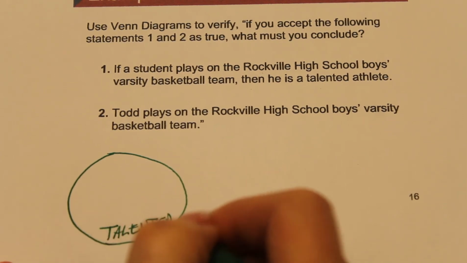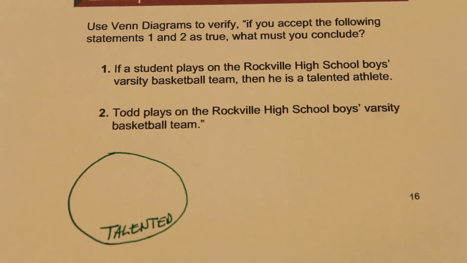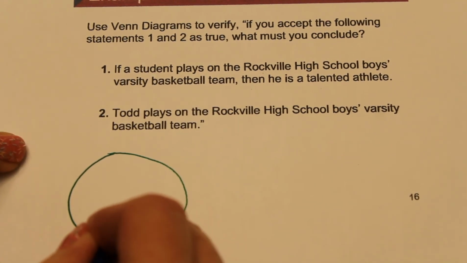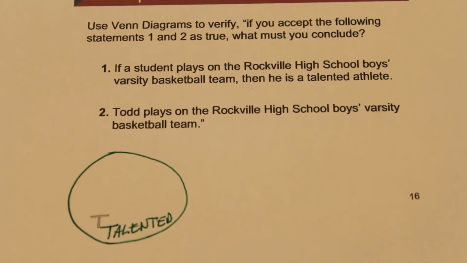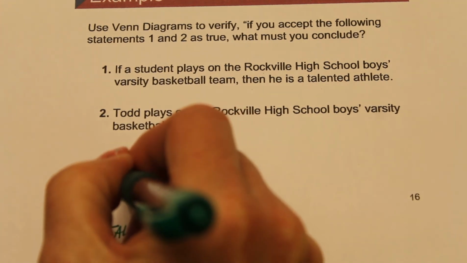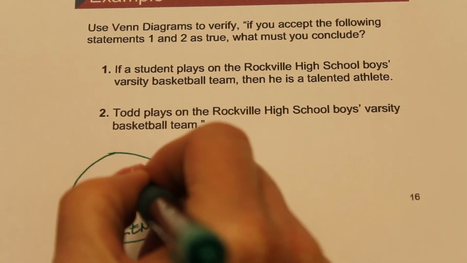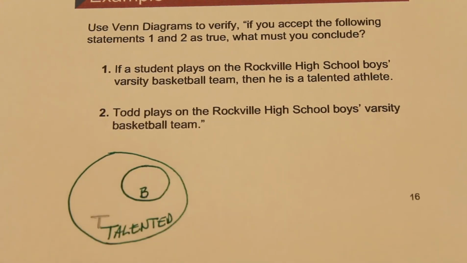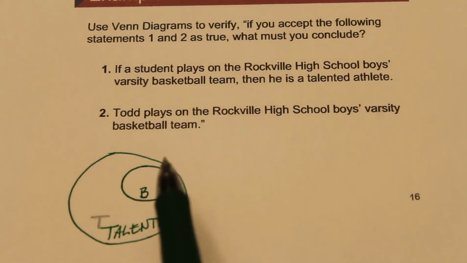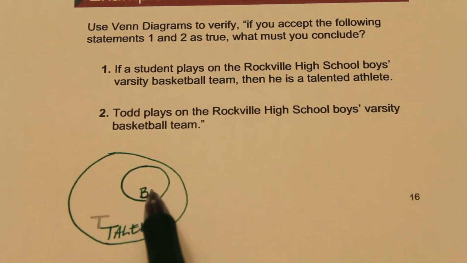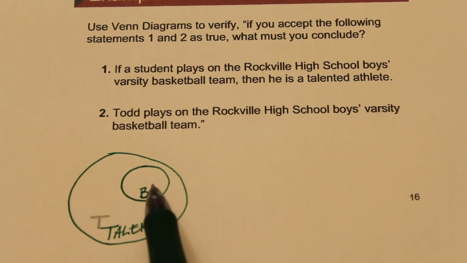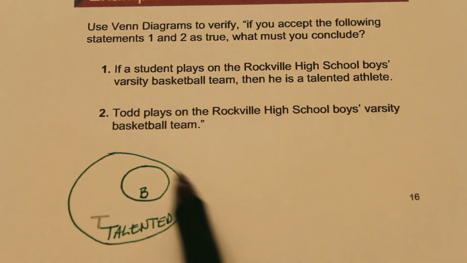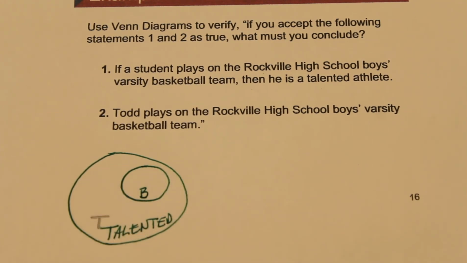Talented, we would call that T. That's set T. Now there are a lot of talented athletes at the school probably. You know, they're the soccer players and the volleyball players, and there are a lot of talented athletes, but here's my subset here. Here are all the basketball players, the boys varsity basketball players. So if you are on the boys varsity basketball team, that is a subset of all the talented players. If you're on the boys basketball team, then you are a talented athlete. That's how we would represent statement 1 in a Venn diagram.